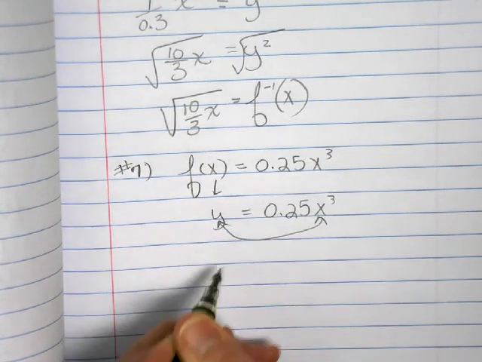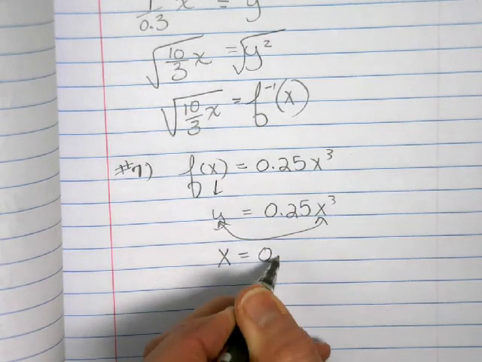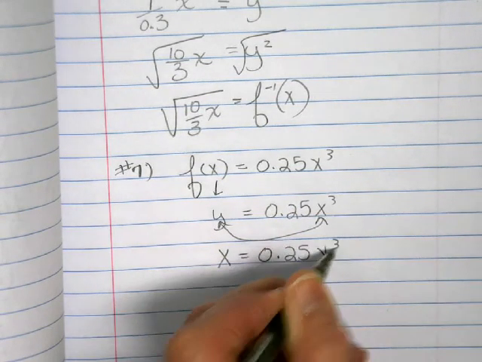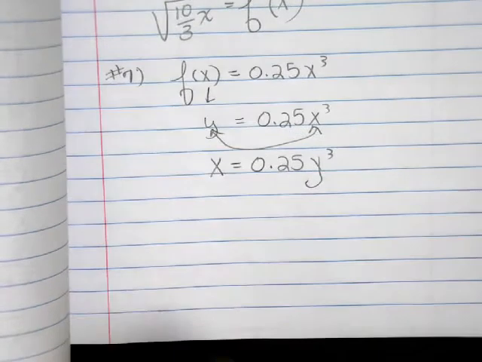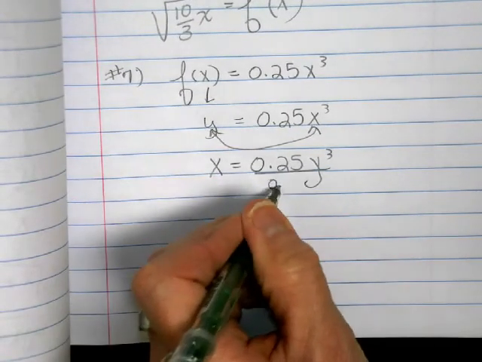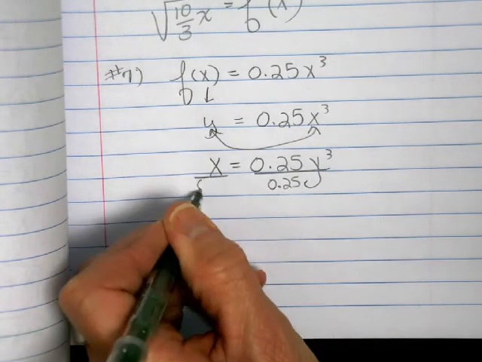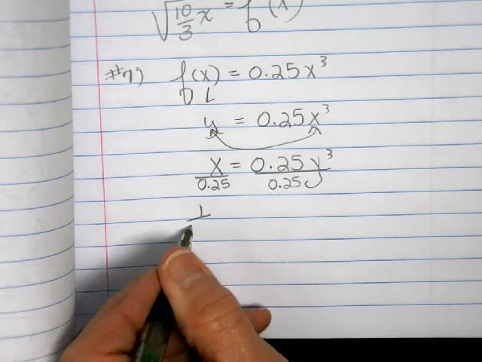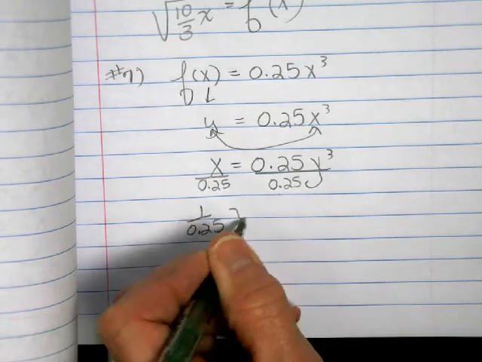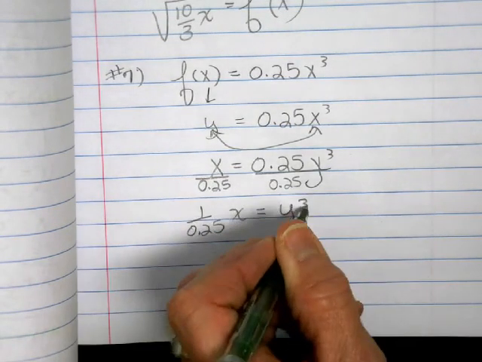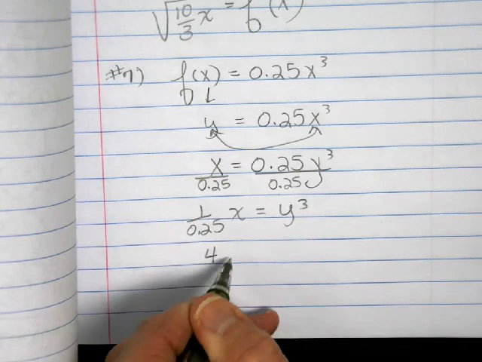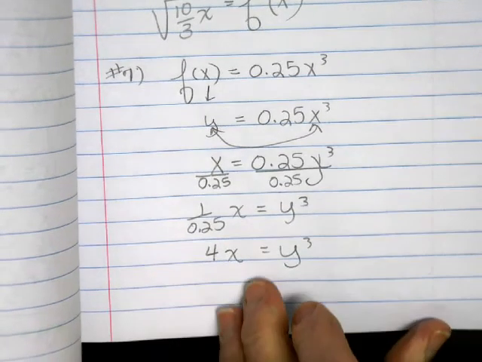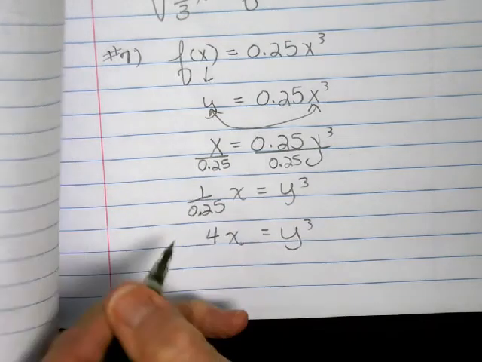So we go right to the y. And then we switch variables. Then we solve for y. Can't divide by a fraction and call it good. I've got to take 1 over 0.25 times x is y cubed.